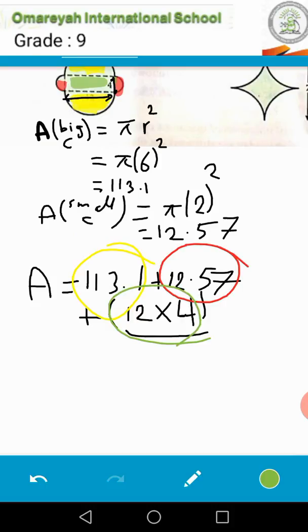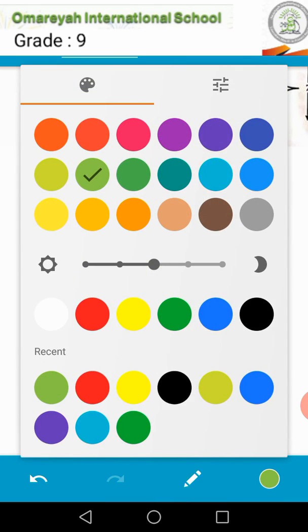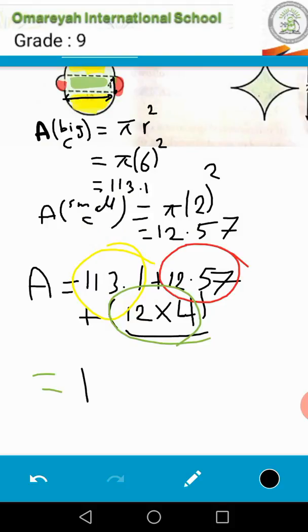When you add them, add everything: 113.1 plus 12.57 plus 48, add all together, you get 173.67.